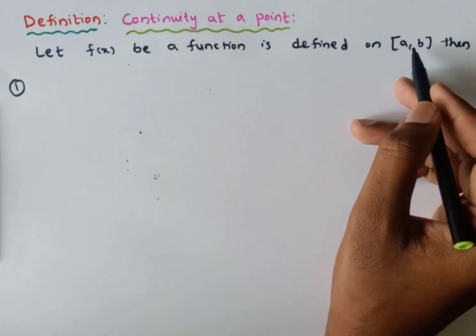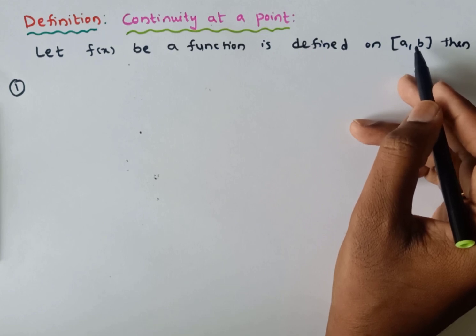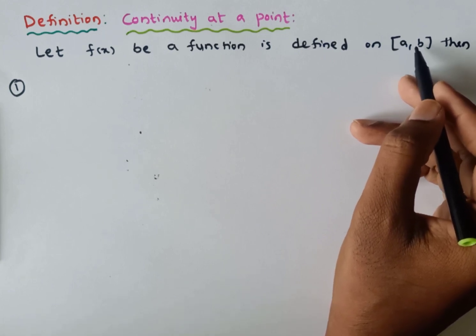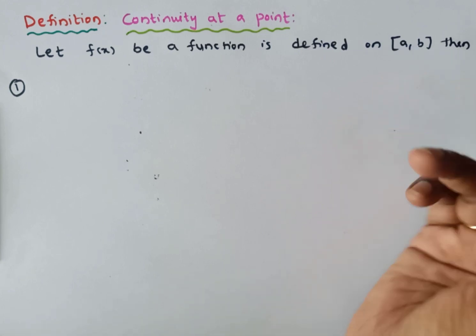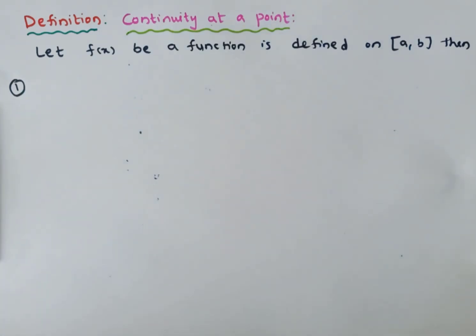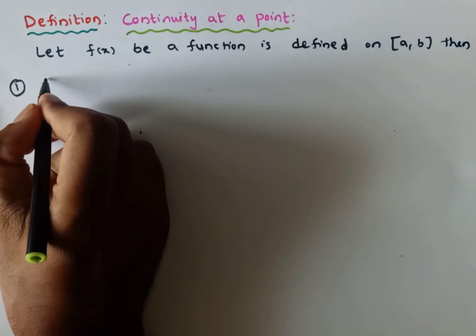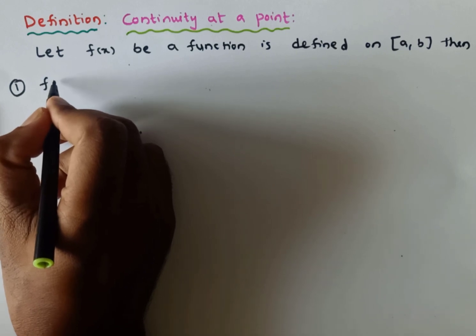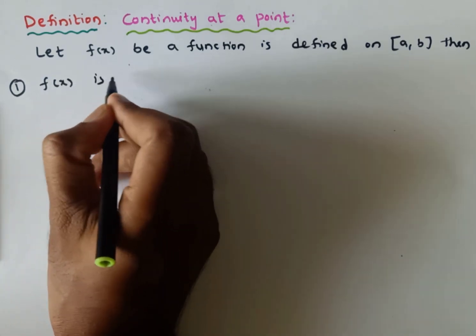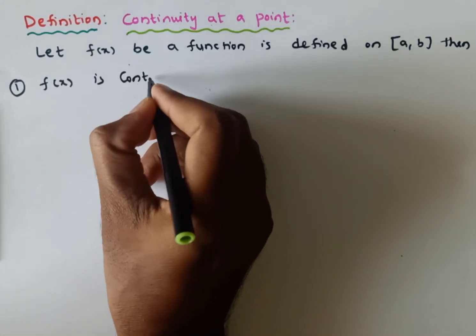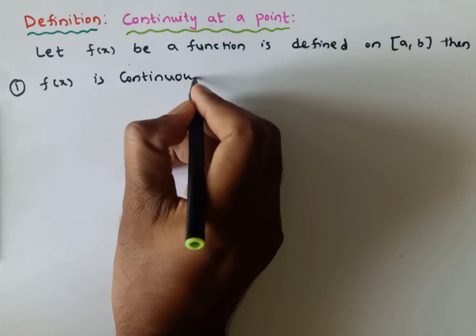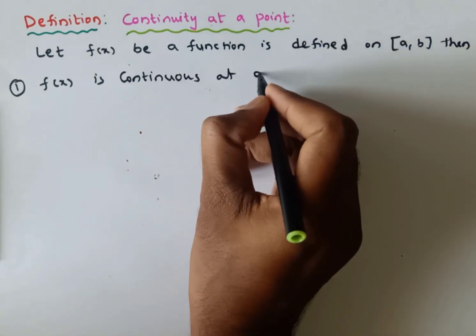So for continuity at the interior, like in between a and b, what are the conditions that should be satisfied? In this case f of x is continuous at an interior point.